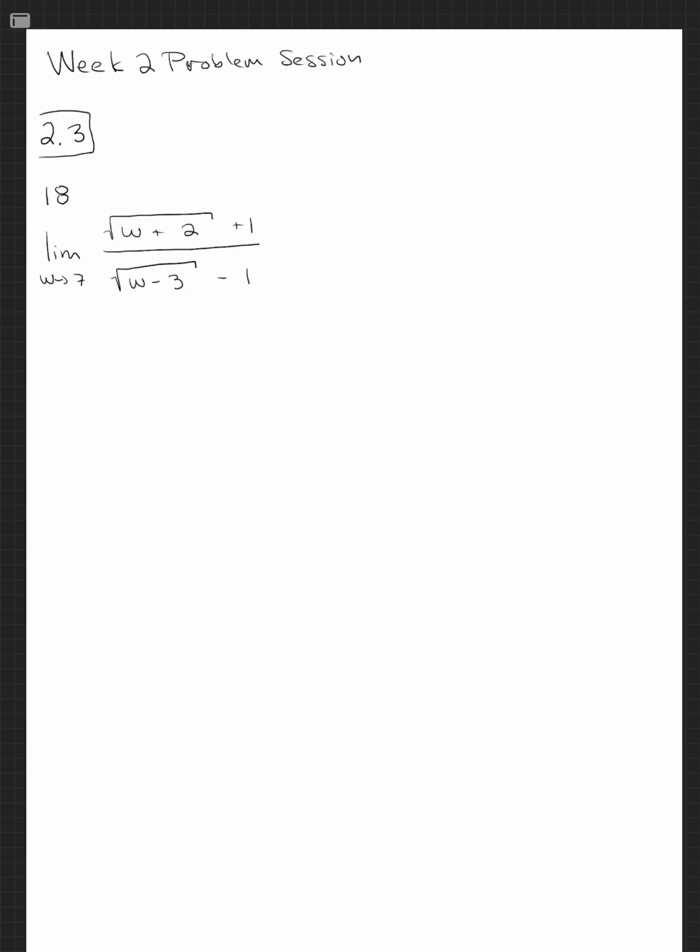Right? So the first thing we can do is we can use the quotient rule to say that this is the limit. And I'm not going to write the w going to 7 each time. I hope that's not too confusing, but I'm going to be writing this a lot of times, so I'm going to leave off that bit. This is the same all the way through.